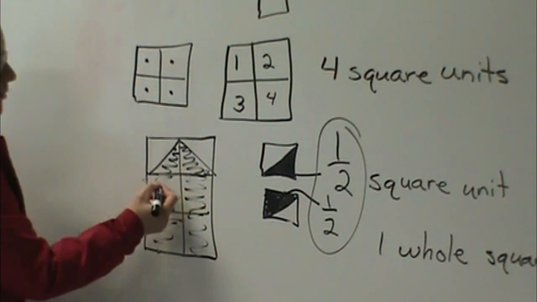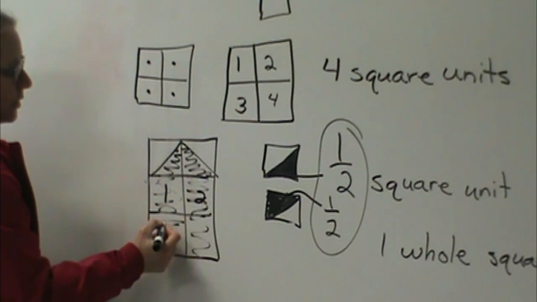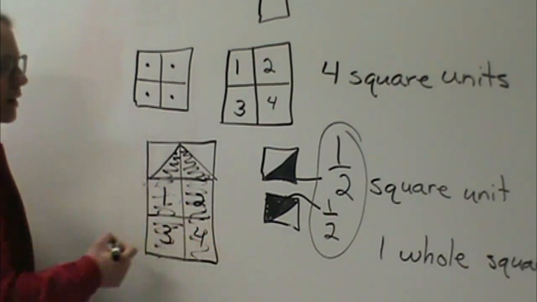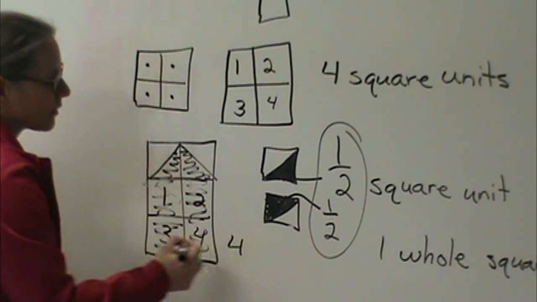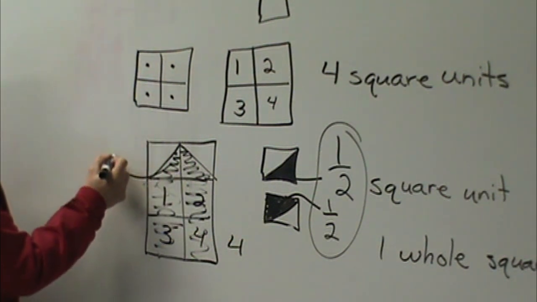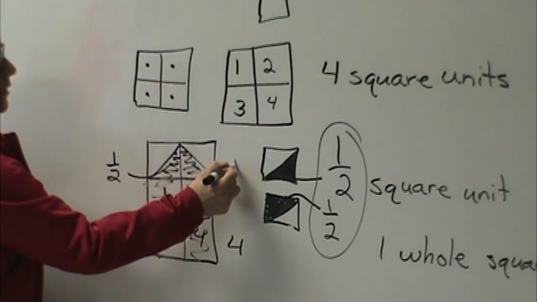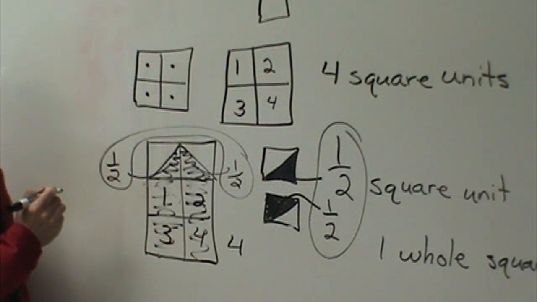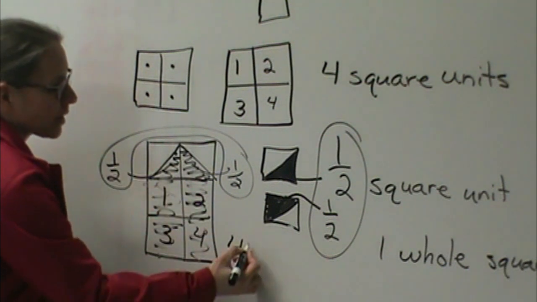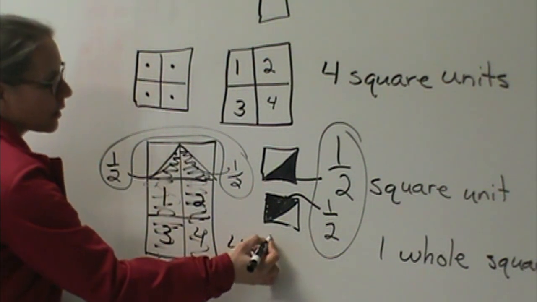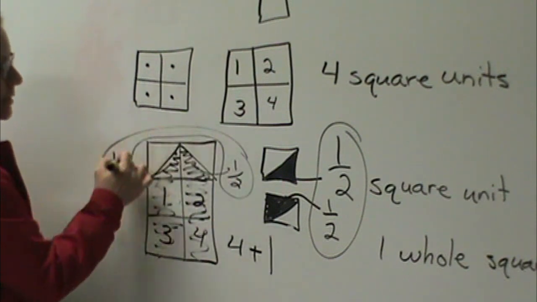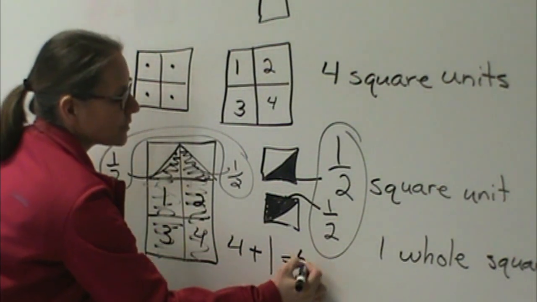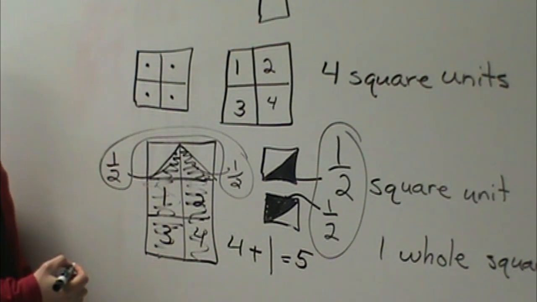We're going to count the wholes first. 1, 2, 3, 4. There are 4 wholes there. Up here there's a half. Up here there's a half. 1/2 and 1/2 equals another whole. So I'm going to go ahead and add the 4 wholes plus the 1 whole to get 5 square units.